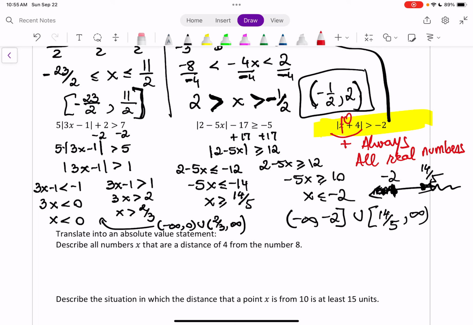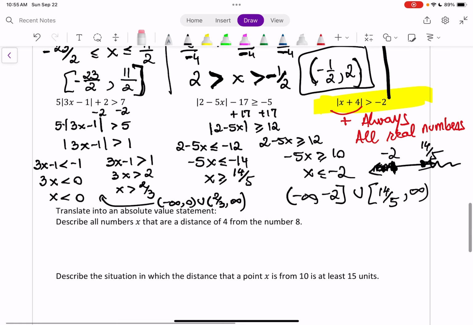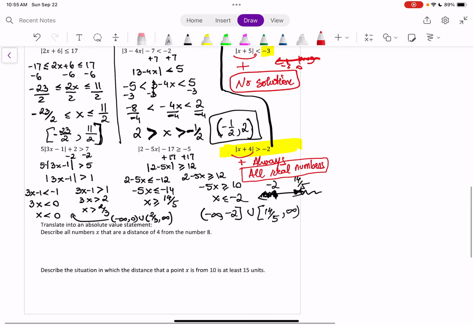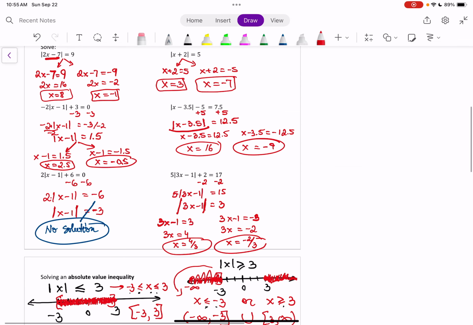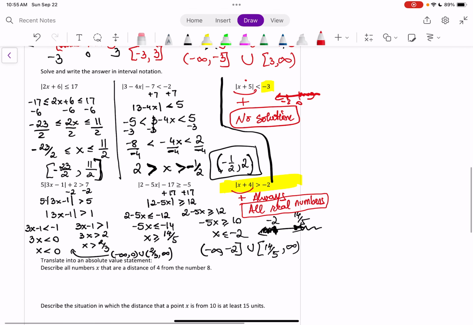Okay, positive, negatives, it doesn't matter, because as soon as you plug it in and you take the absolute value, you'll get a positive, right? So again, no absolute value is less than a negative. No absolute value is equal to a negative. But all absolute values are greater than a negative number.